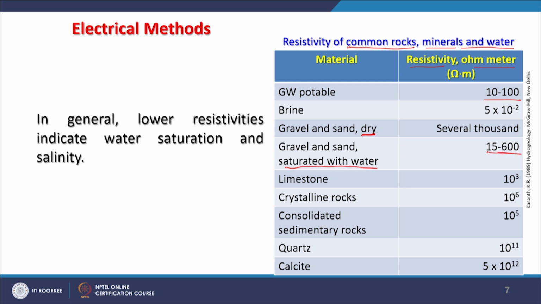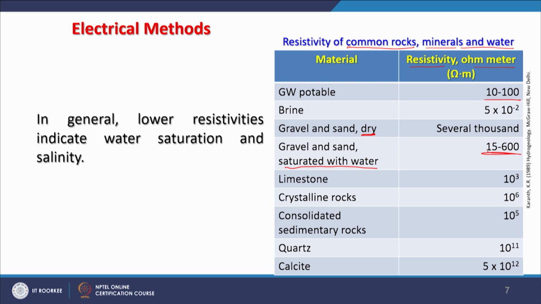So, that is why a big range is given. What I am trying to say is that in some case if we find a gravel and sand sediment saturated with water, we cannot say without testing whether it is having 15 ohm or 600 ohm.